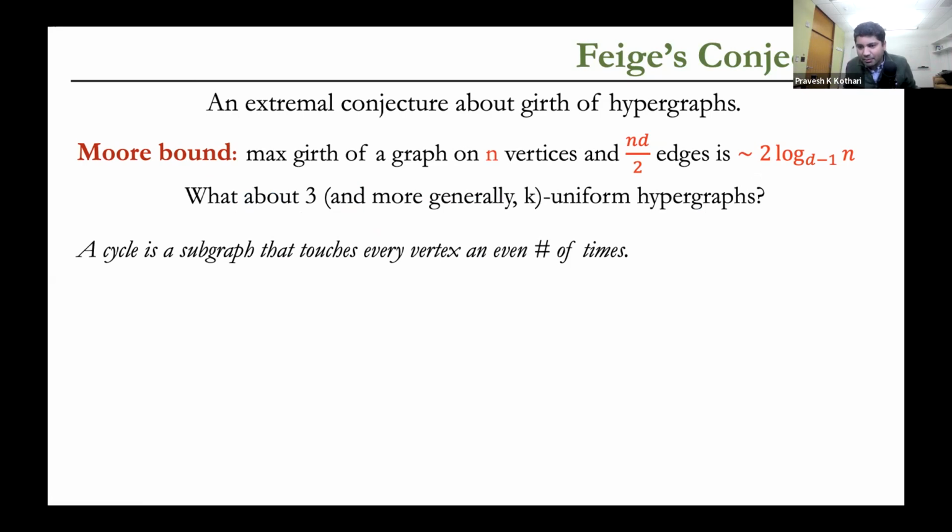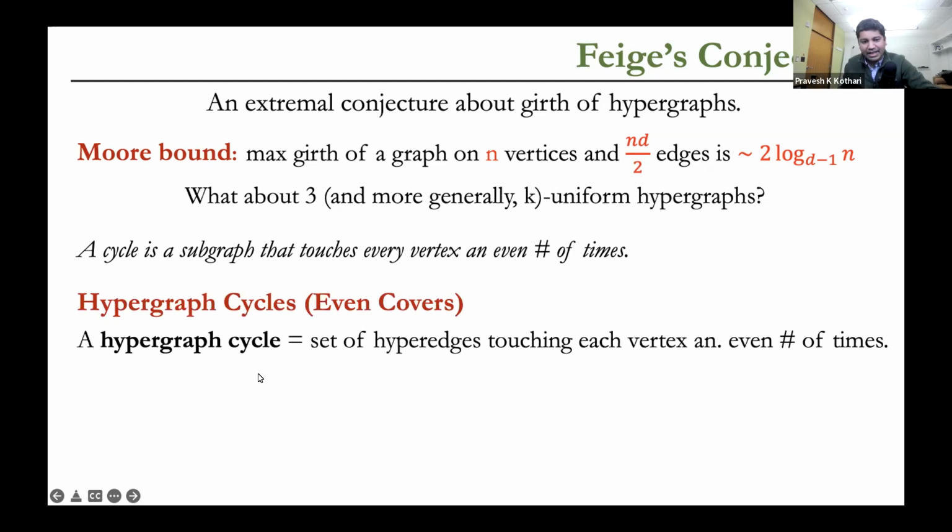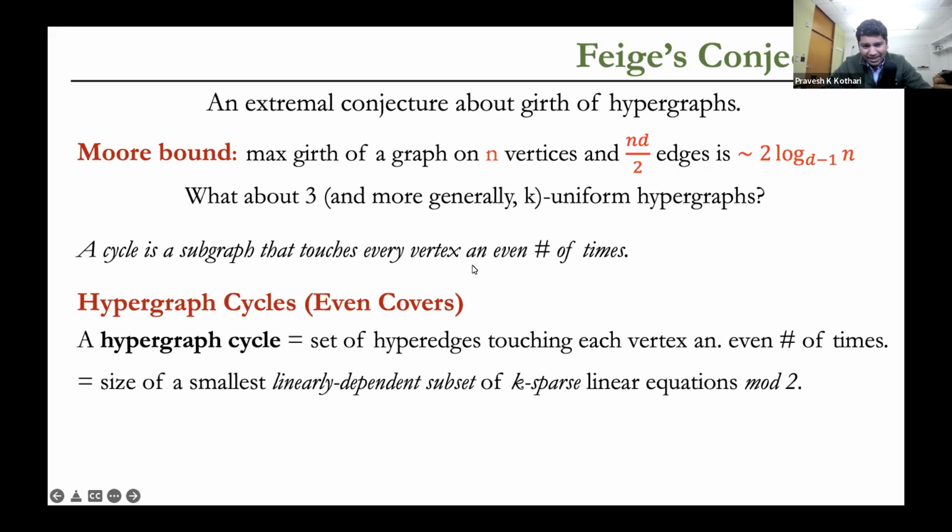If you think of this property and generalize it, you get the definition of cycles in a hypergraph. So a hypergraph cycle is simply a collection of hyperedges, or a sub-hypergraph, which touches every vertex an even number of times. Okay. Now, why should this matter to us?